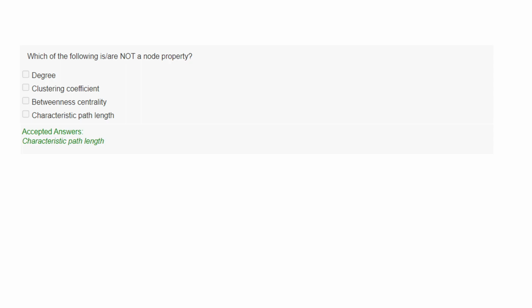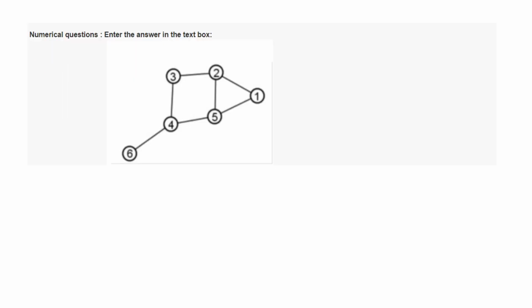Obviously degree is a node property. Clustering coefficient, as I discussed with the previous question, is a node property. Betweenness centrality measures if a particular node lies on the shortest paths between two other nodes, so that also is a node property. The only one that is not a node property is characteristic path length. It is a property of the network, but the rest three are node properties. So, moving on to the next one.